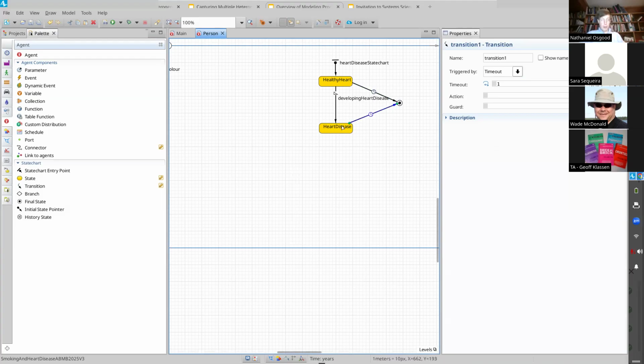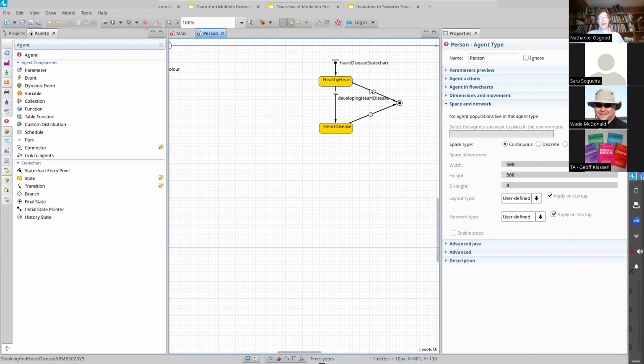So we have two little arrows, one from heart disease, one from healthy heart. And these are both going to be rate transitions. They're both going to be stochastic, but we want to give them a name. In general, you want to give your transitions a name. TAs, take note.